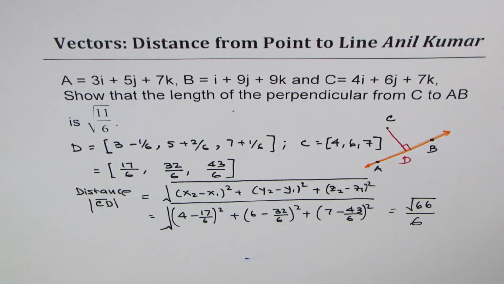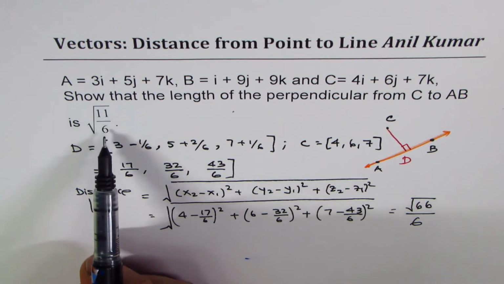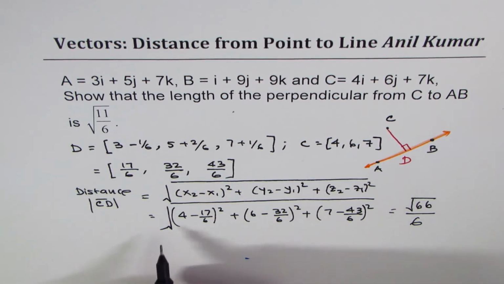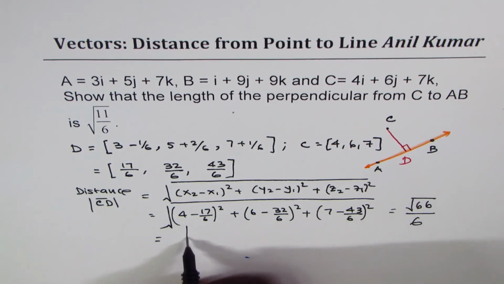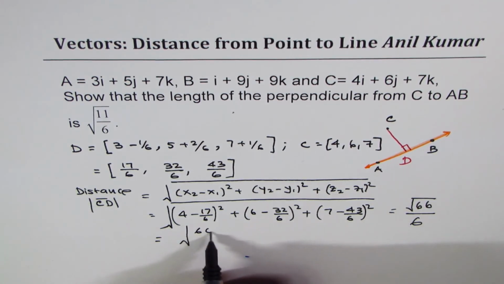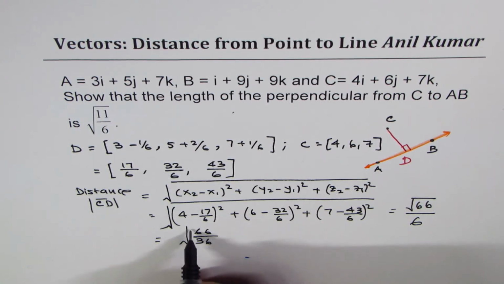Right? We are looking for square root of 11 over 6, right? It is actually the same answer. Let's see how we get the same answer, right? We could write 6 within the square root, then this could be written as 66 over 36, correct?